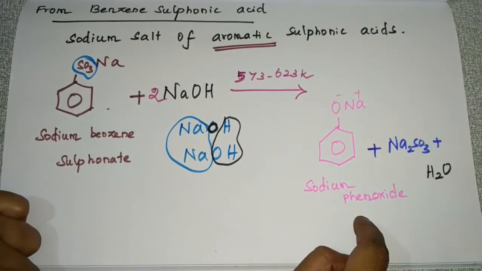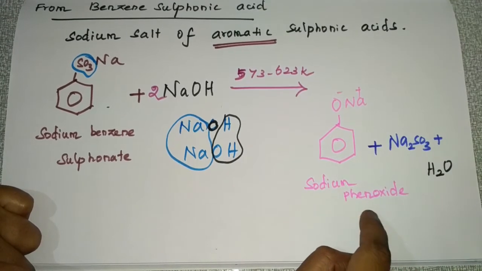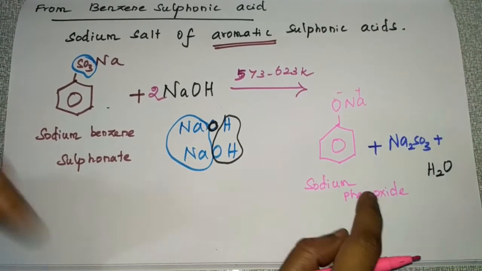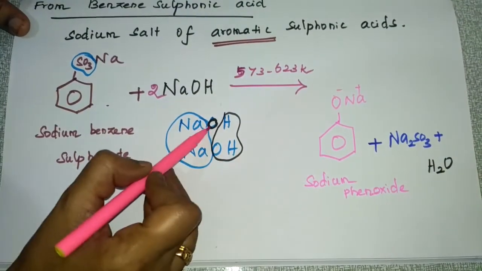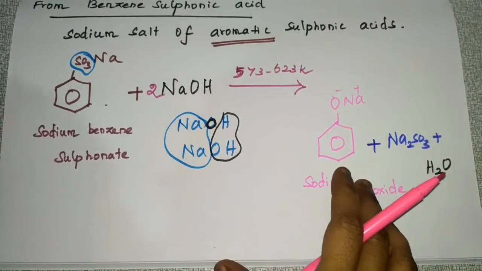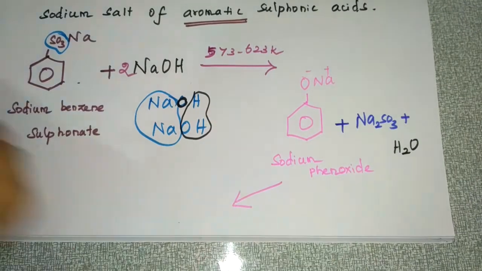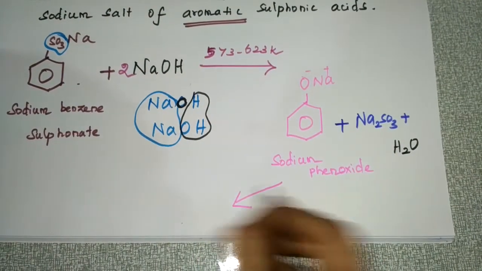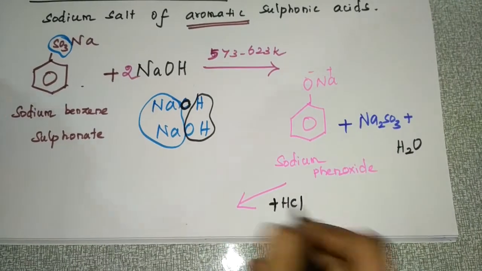So phenoxide is a stable form. Okay, the resonance structures and all we already wrote. So first Na2SO3, then water will come out, and this O minus and Na plus, you will get sodium phenoxide. Okay, so this sodium phenoxide only you are going to acidify, that is, you are going to add HCl to this sodium phenoxide.